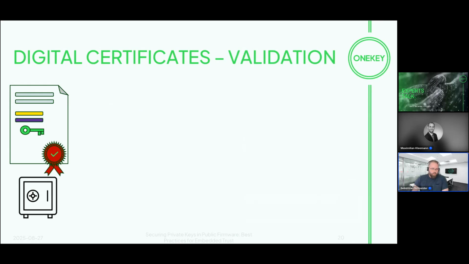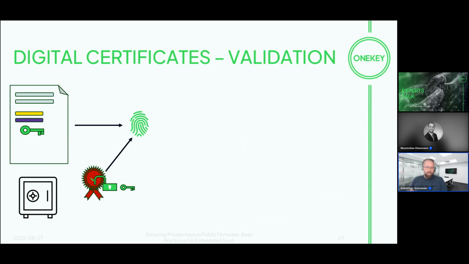If now someone wishes to validate the certificate, they can strip down the signature. So we end up with the original combination of public key and data. They can compute the hash value of this package and use also the public key to decrypt the original hash value.